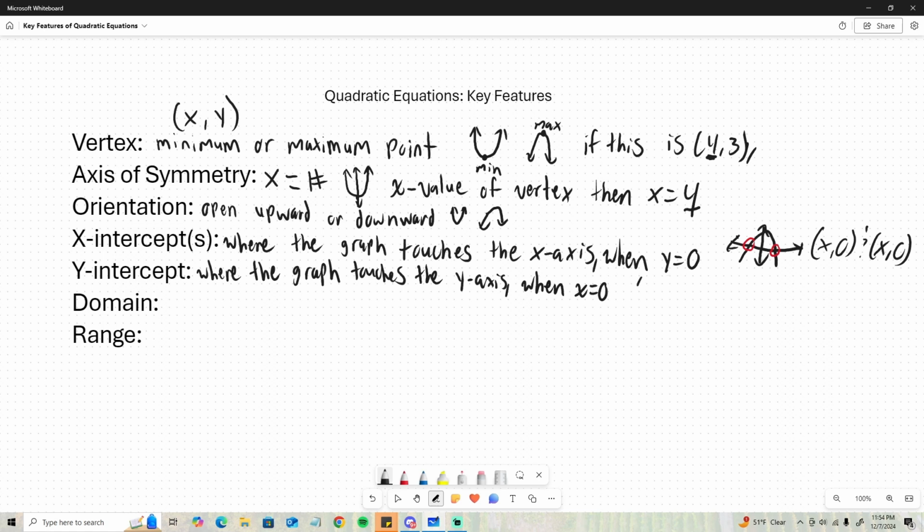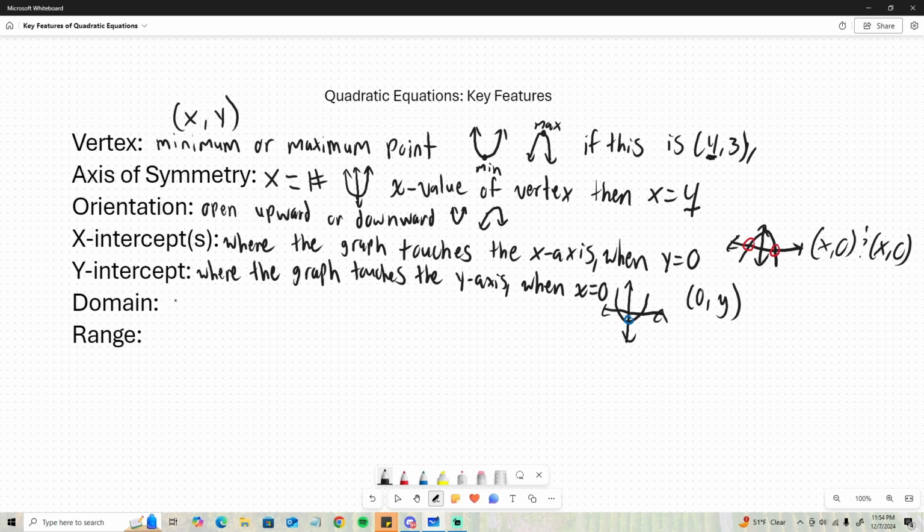So on a graph, let's say this is my parabola, then my y-intercept would be down here. It'd be this point over here. My coordinate would simply be 0, y, or whatever that happens to be.